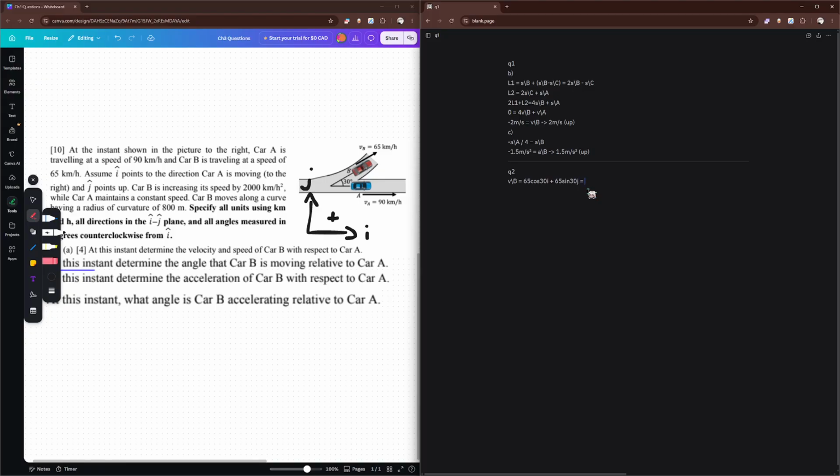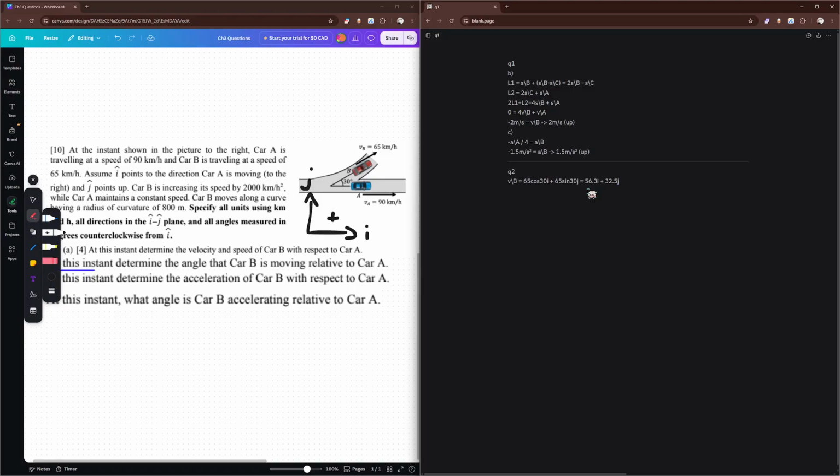So if we calculate these numbers, 65 cosine 30 is 56.3 I plus 65 over 2 is 32.5. I didn't need a calculator. 32.5 kilometers per hour J.